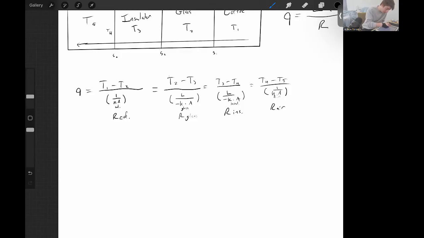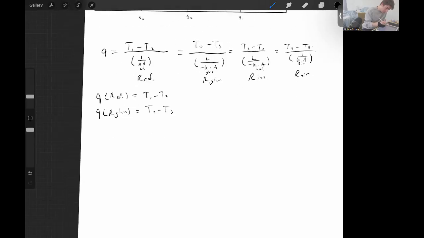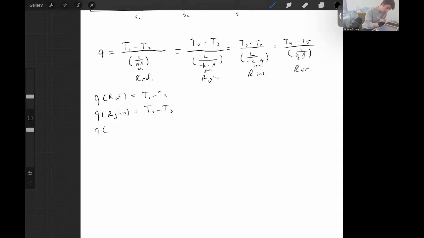Now we have Q times the resistance of coffee equals T1 minus T2. We're going to do R of glass, which equals T2 minus T3. Moving down, we have Q times the resistance of the insulator, which equals T3 minus T4.